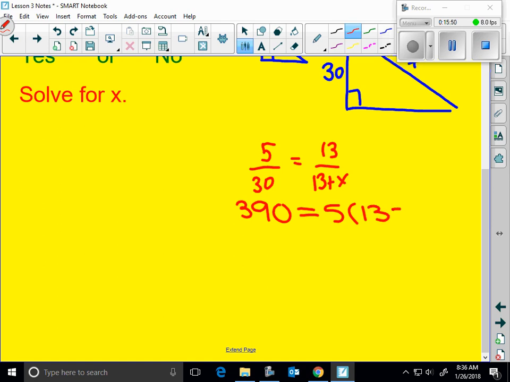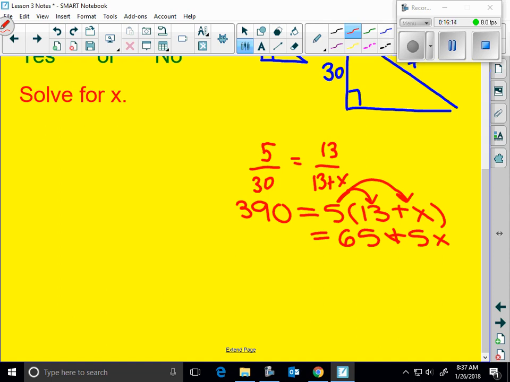Good. Distributive property. 5 times 13. She said 65, and she's right. Plus how many x's? Plus 5 x's. Thank you, Wyatt.